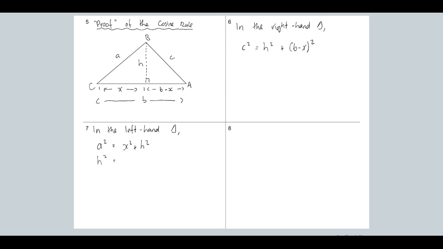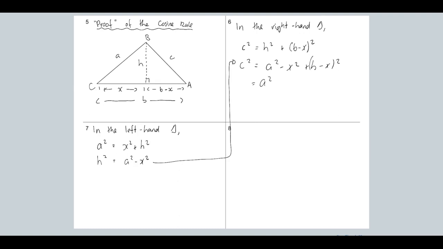So h squared is equal to a squared minus x squared. So that means that c squared equals a squared minus x squared plus (b minus x) all squared. Yeah? So I've just replaced h squared with a squared minus x squared.